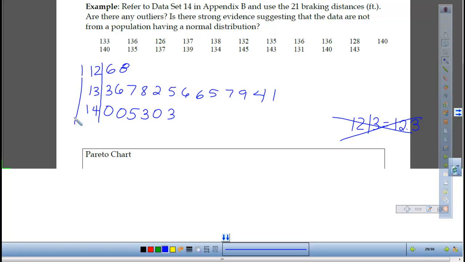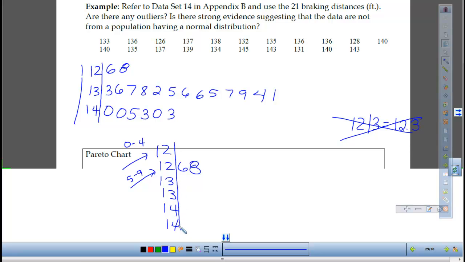Also, if we had a really large number of values, we might break the classes up into two stems each. So that might look like 12, 12, 13, 13, 14, 14. And for the first row, I would do leaves of 0 to 4. And the second row, I would do leaves of 5 to 9. All right, so we'd get 6 and 8 again.